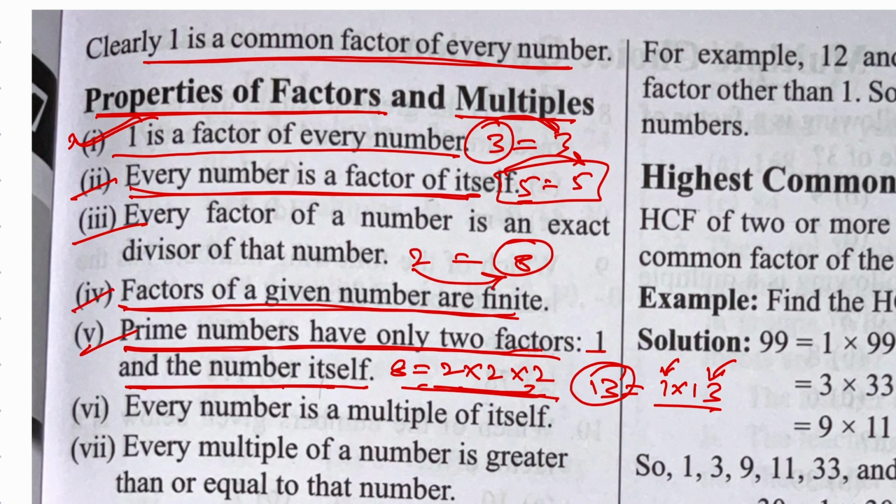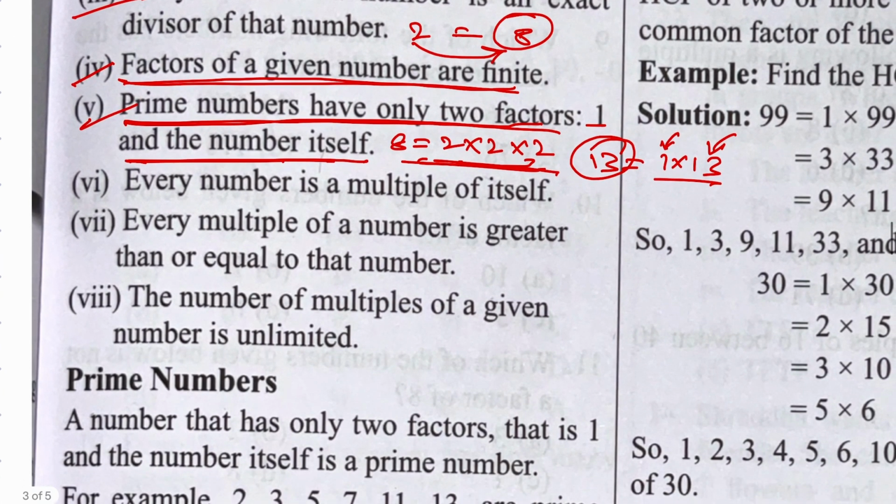Is it okay? Every number is a multiple of itself. Multiple means the product that we get by multiplying two numbers. For example, 12. What are the multiples of 12? 12, 24, 36, 48, and so on and so forth, right?